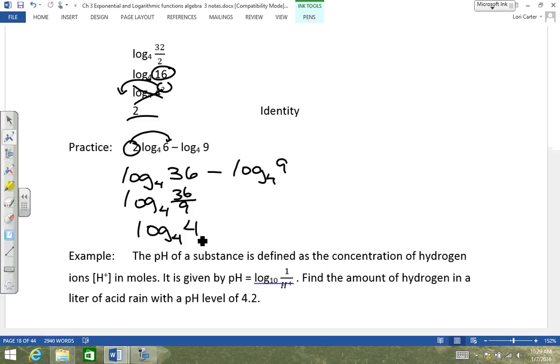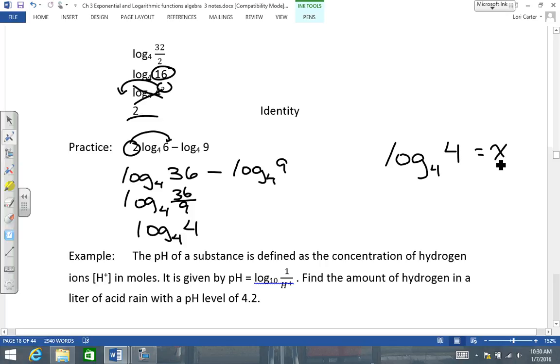All right, we're helping Zach out. Zach, listen. Log base 4 of 4. Yesterday in your homework, you had to solve these. What was your first step? You set it equal to something.